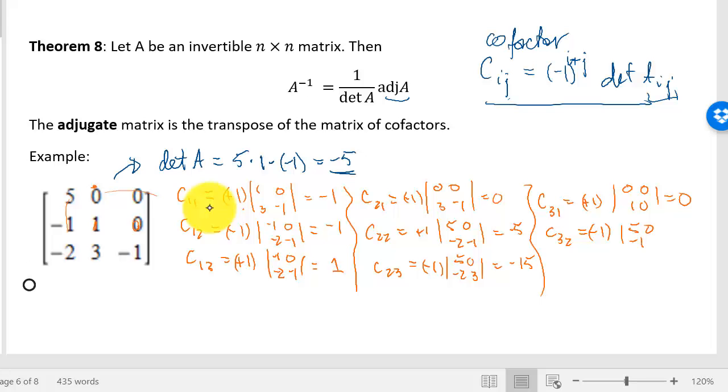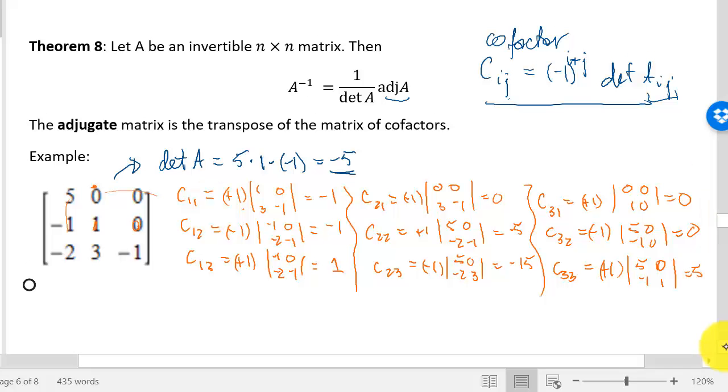Same with the rows and the columns. If you have a row or a column of zeros, that's going to be 0. And then the last slot is going to give us a positive value. And then the submatrix is 5, 0, -1, 1. So that's a +5, and that's it.